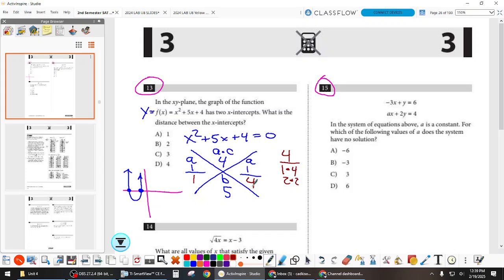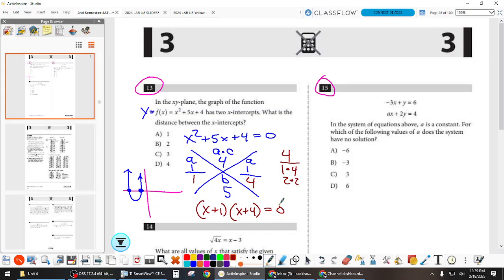All right, and then be careful. If I write them out, it's x plus 1, x plus 4. So when we answer this as intercepts, is it 1 and 4? What do we have to do with those things?